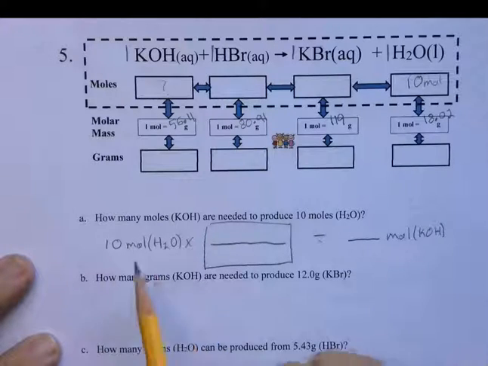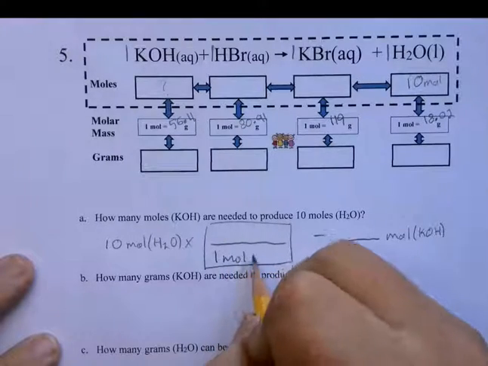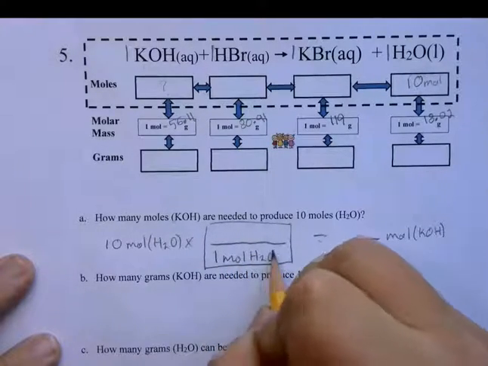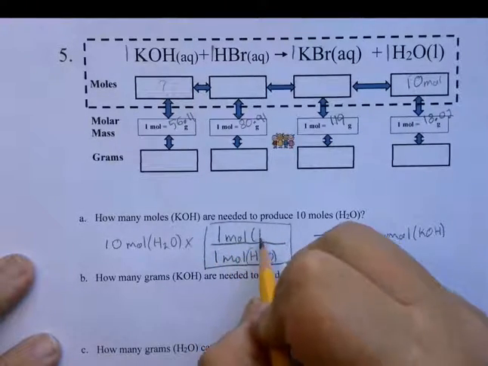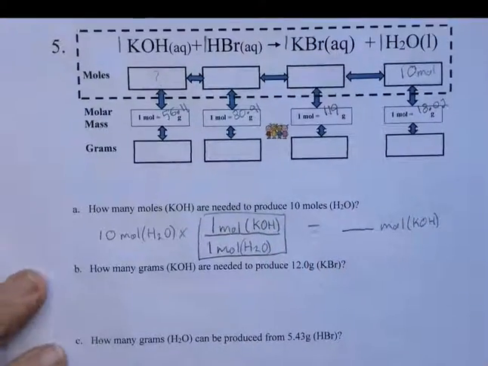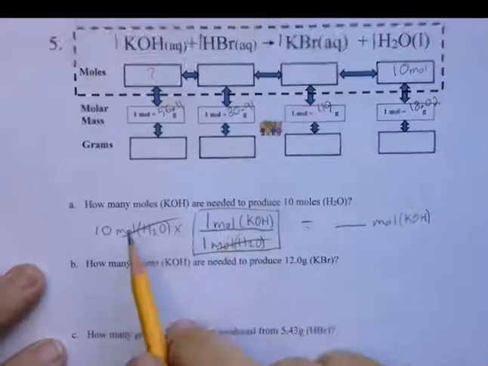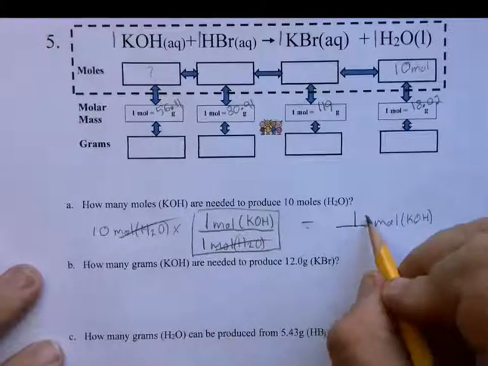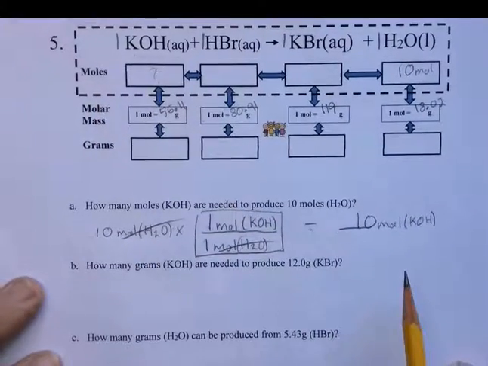So we need moles of H2O on the bottom to cancel with this. So 1 mole and 1 mole. Kind of nice to end with an easier problem. Your brain's a little tired. So moles H2O, moles H2O. So it's 10 times 1 divided by 1 is 10. Okay, so it's a 1-to-1 relationship. You get the same number out as you put in there.